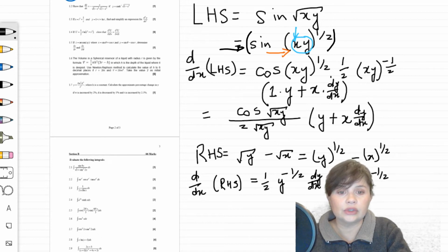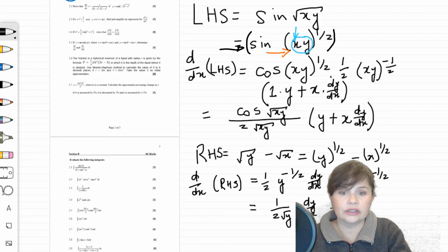Because your derivative is with respect to x, and here you're sitting with the x, it stays like that. So then we've got a half, dy dx minus a half 2x. Okay, so now we've got the left-hand side and we have the derivative of our right-hand side, and we're going to equate those two.